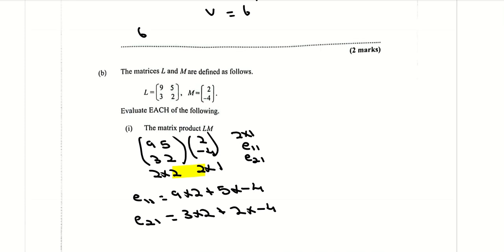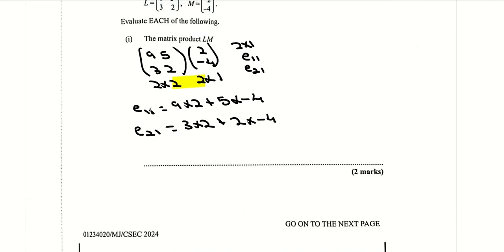So therefore when you multiply this, 9 2s are 18, 18 plus minus 20 is minus 2. 3 2s are 6, 6 plus 2 by minus 4, which is minus 8, is minus 2. So you know that your resultant matrix LM is minus 2, minus 2.